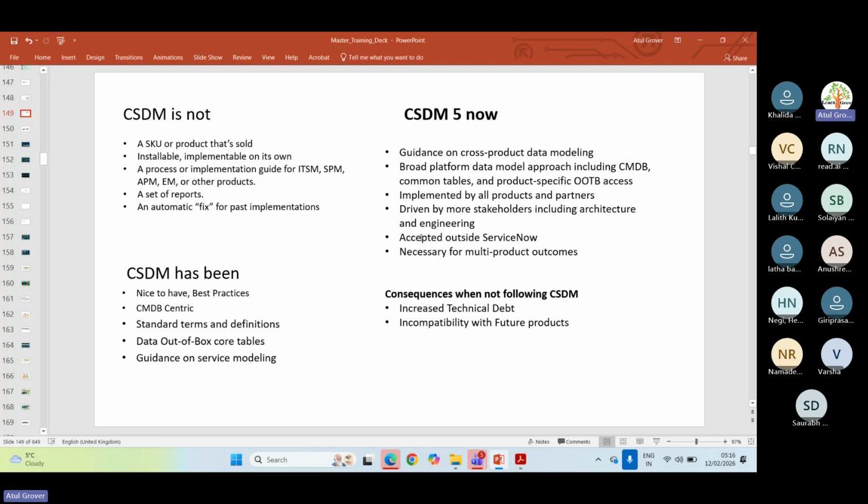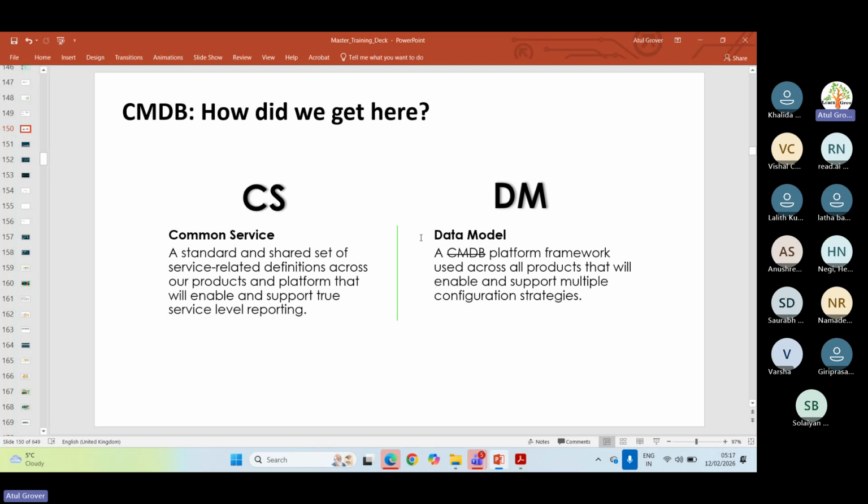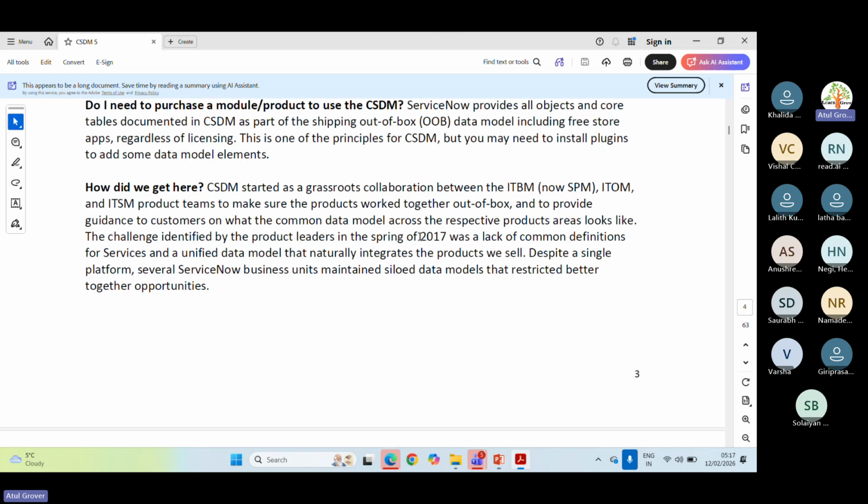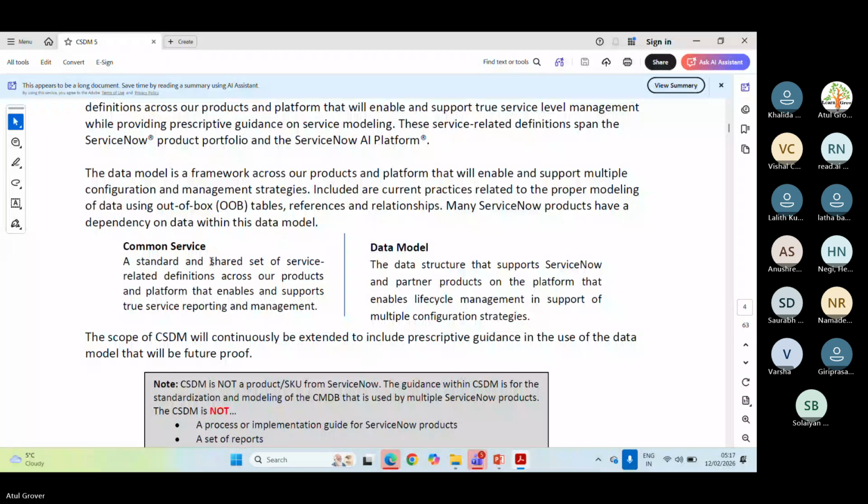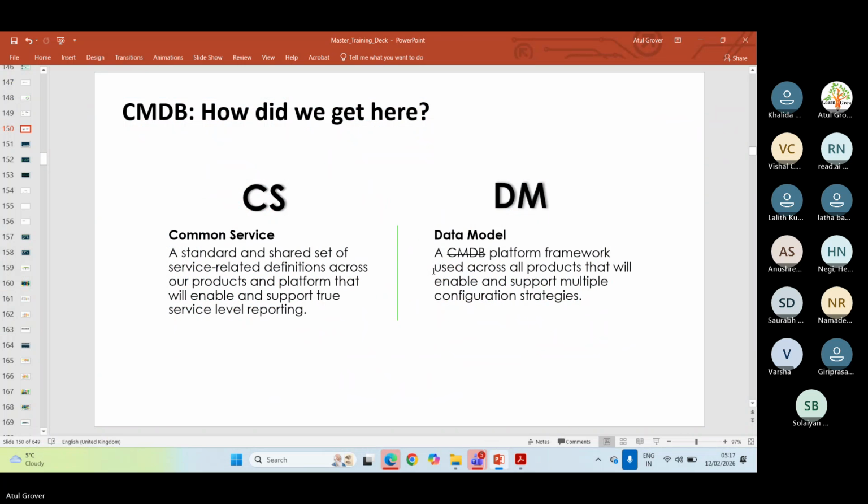Now the question comes: what does CSDM actually mean? What does that definition mean here? CSDM stands for two terms, CS and DM: Common Service and Data Model.